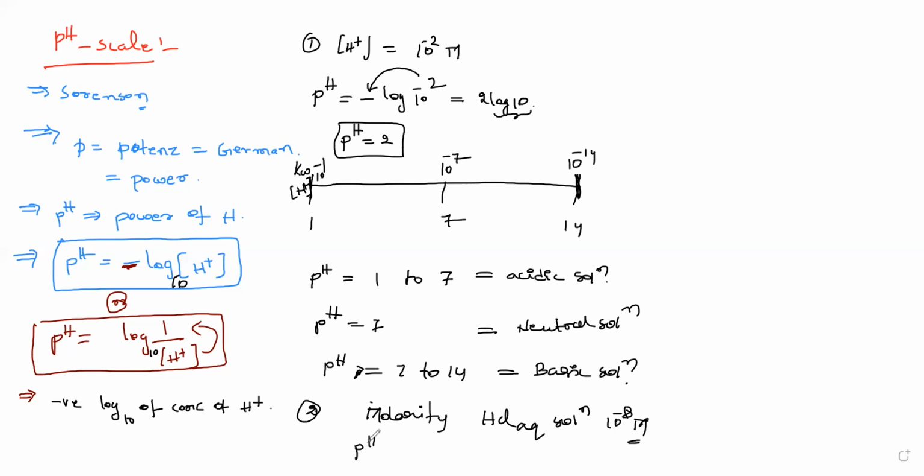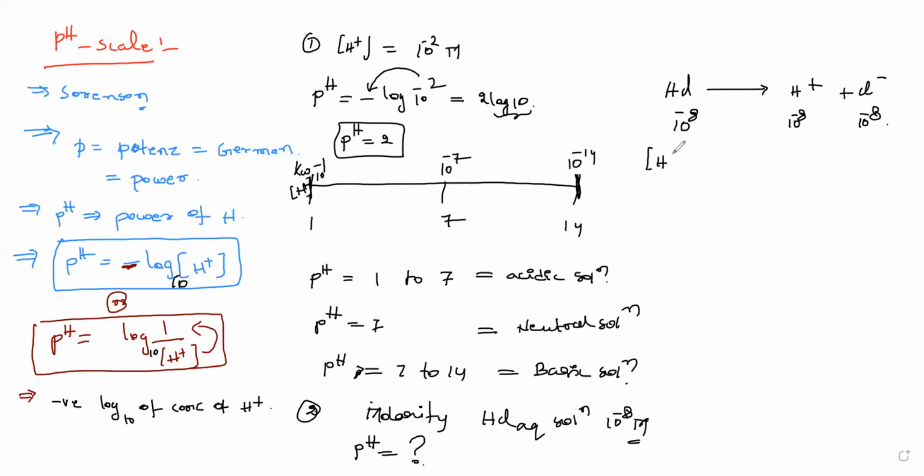Calculate the pH of the given solution. This is the question. So according to the concept, HCl converts into H plus and Cl minus. What concentration is given for HCl? HCl is 10 to the power of minus 8. That's why H plus is also minus 8, Cl minus is also minus 8.